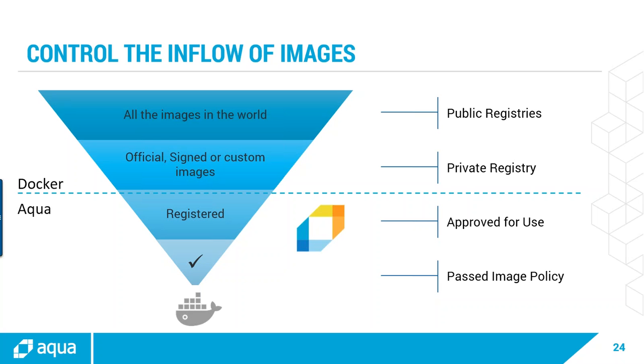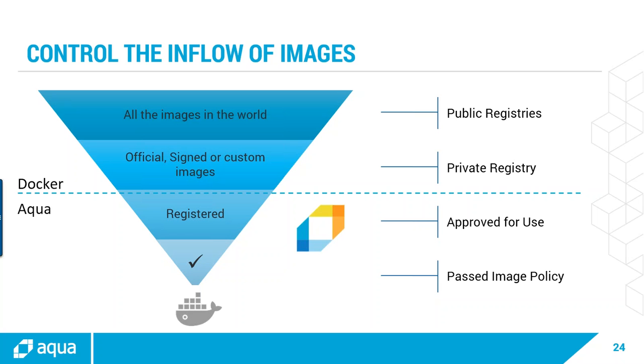You also want to know that an image stored in your registry and then passed on to a staging environment or run in production is actually the same image. So you want the image signed or fingerprinted, and you want to make sure it's not tampered with and that its integrity is maintained throughout.